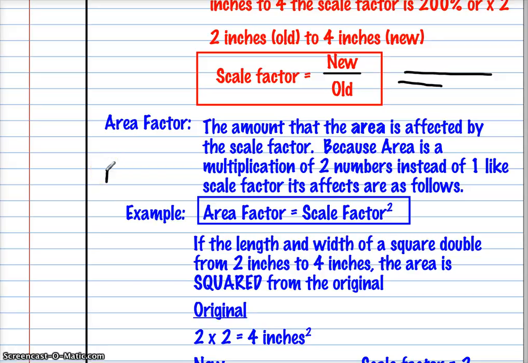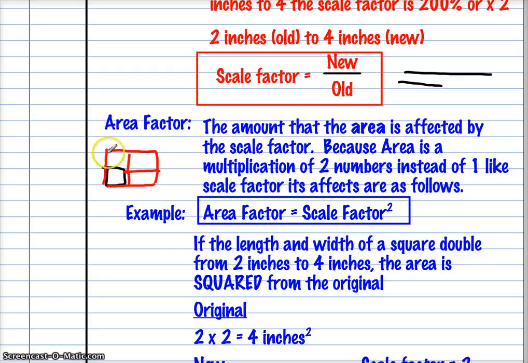If I have a square that's this big, and then I double every side, so let's say my new lengths double, so instead of it being this long, it's this long, and this side is this wide. How does the area change? Well, the area is not doubled because it actually gets 4 times larger.